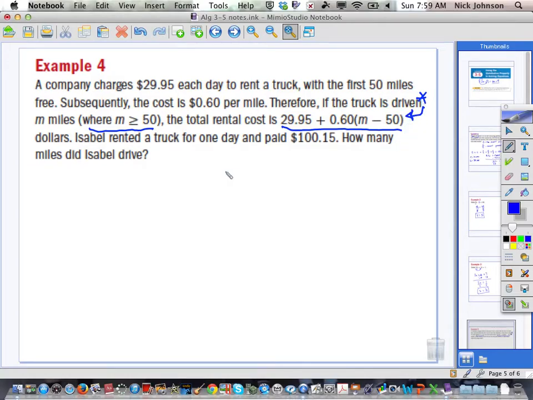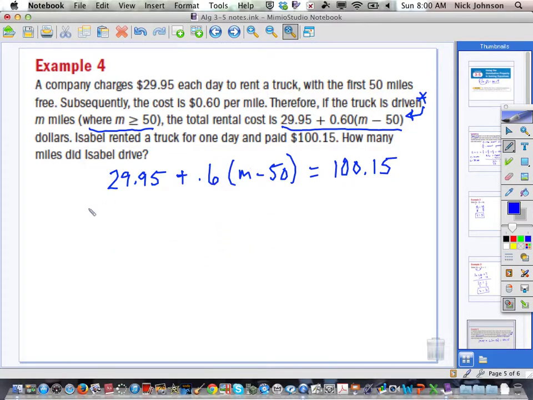Isabel rented a truck for 1 day and paid $100.15. How many miles did Isabel drive? Well, we need to take this equation and set it equal to $100.15 because that's what this equals.